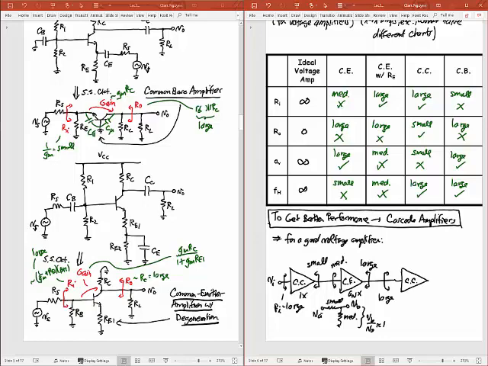So I could then use a common collector stage here, which has a larger input resistance than that, which then allows me to drive this voltage here because the output resistance of common collector is small. And so the output resistance of this whole thing would be the output resistance of that common collector, which would then be small.